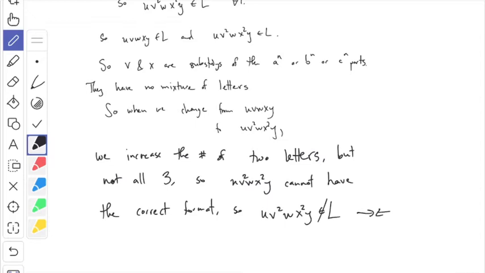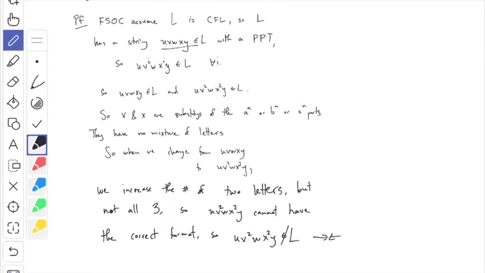You just have to look at the language and make sure that the proof actually works for any particular example that you're looking at. All right, excellent. Let me just say some words.